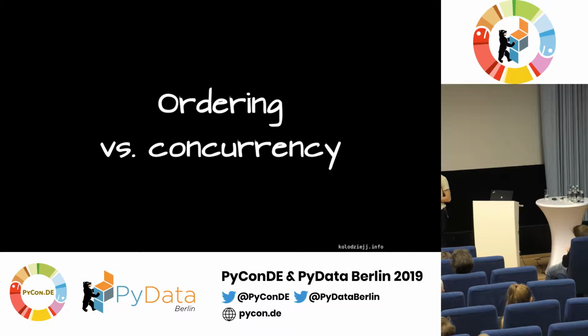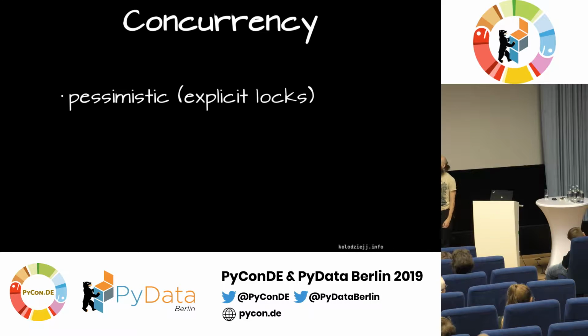And depending on the service, we use one or the other form of concurrency control. One is pessimistic concurrency, which basically means we lock an aggregate before trying to execute a command on this aggregate. We are just locking on some separate table.